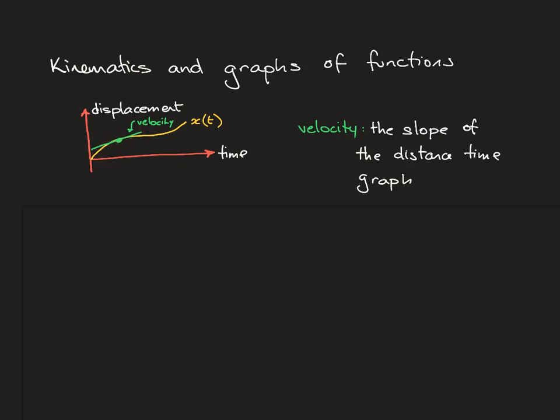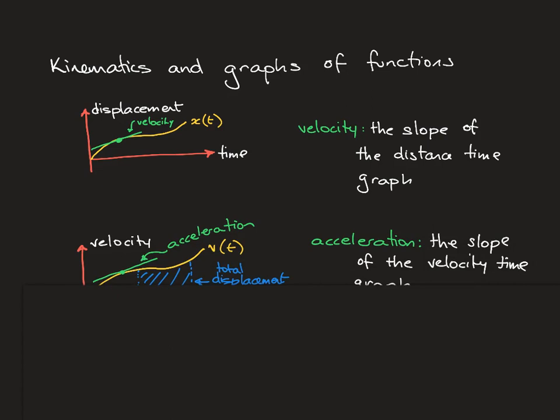So if you want the velocity at a particular point, you'll find the tangent and its gradient, or you will find the derivative and substitute it straight in. If you want the average velocity, you'll choose one point on the curve and another point on the curve, and you'll find the slope of that line. Okay, so that's your displacement versus time graph.